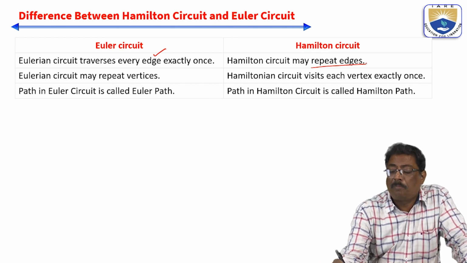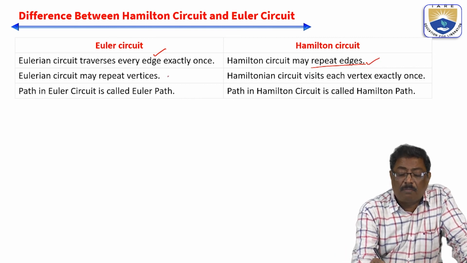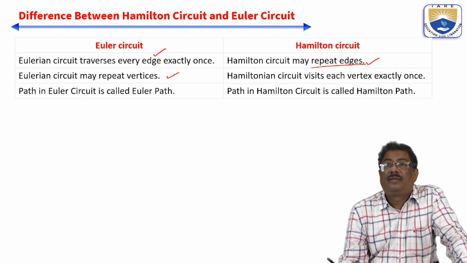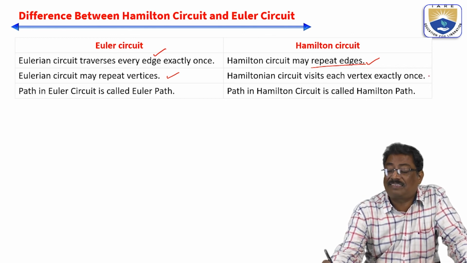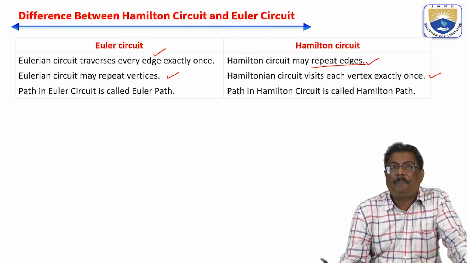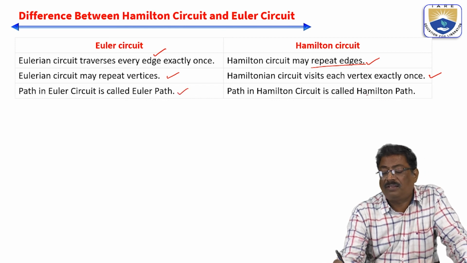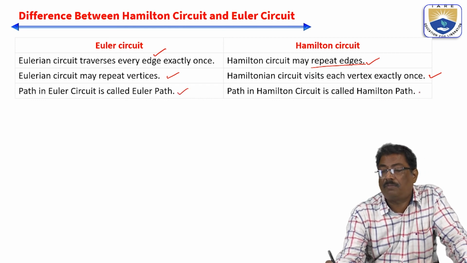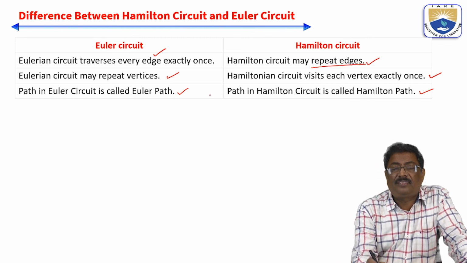A Hamiltonian circuit may repeat the edges. An Euler circuit may repeat the vertices, and a Hamiltonian circuit visits each vertex exactly once. A path in an Euler circuit is called an Euler path. A path in a Hamiltonian circuit is called a Hamiltonian path. So these are the differences.